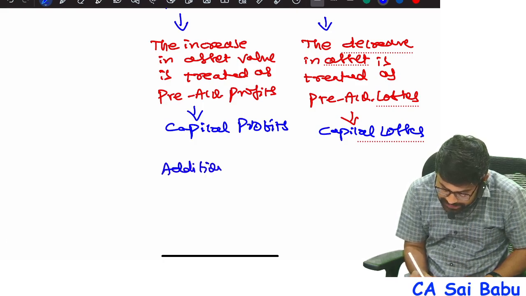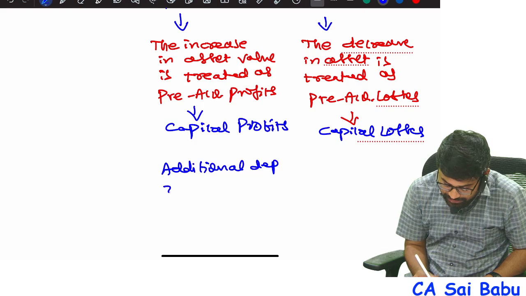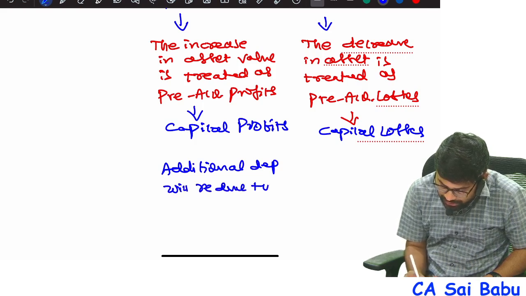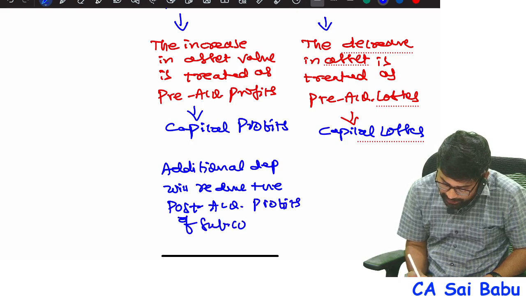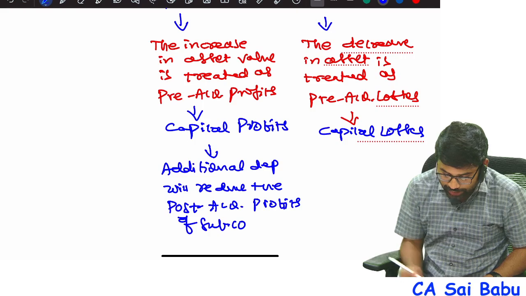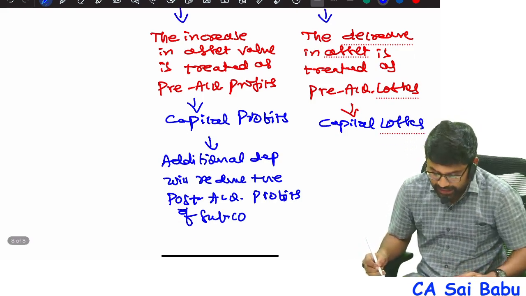Additional depreciation will reduce the post-acquisition profits of subsidiary company.